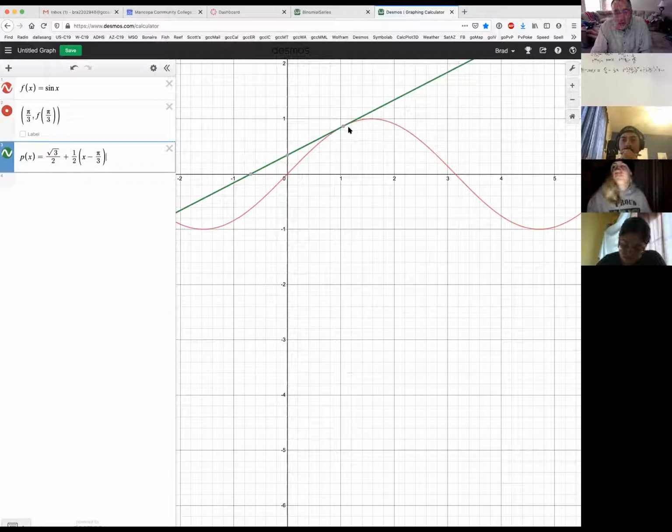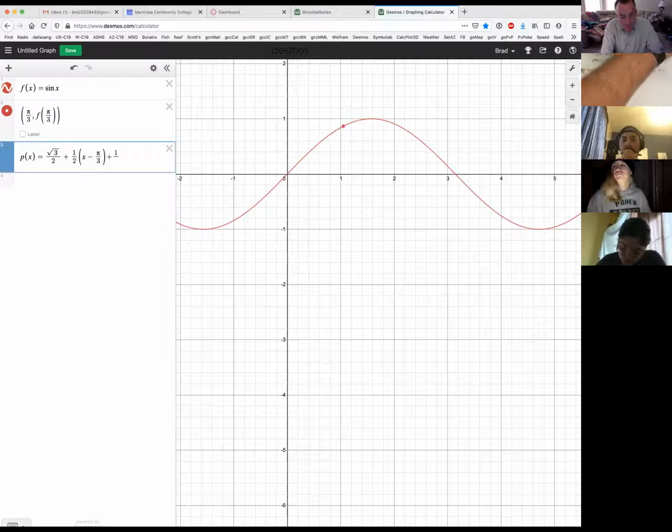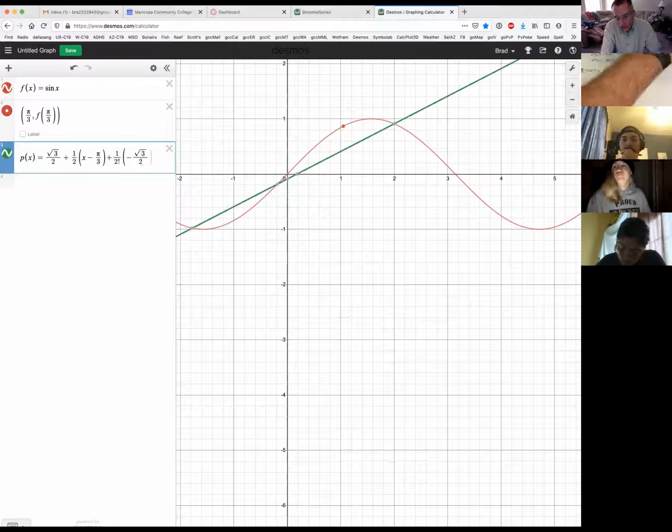Well, if a line works good, maybe a quadratic works better. So what do we say? We say plus, and I'm going to put the factorials in the front there. And then our term, which was minus square root 3 over 2. And of course, you can put the minus in the front if you want to.